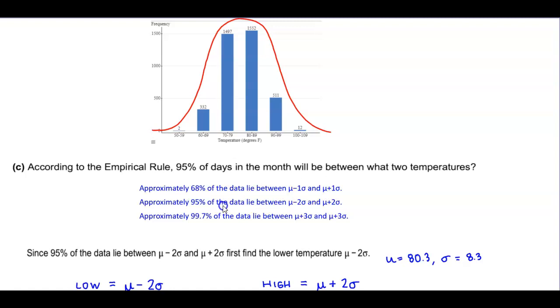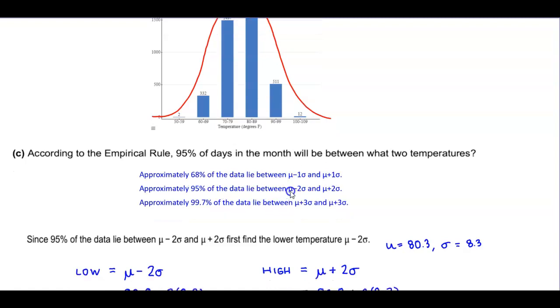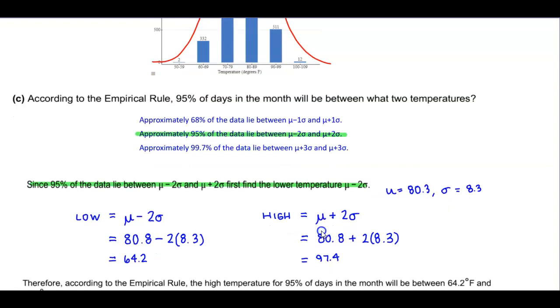Approximately 95% of the data lie between mu minus 2 times sigma and mu plus 2 times sigma. So already we know that we're going to have to use this version. Since 95% of the data lie between those two values, we're going to first find the lower temperature and the high temperature.